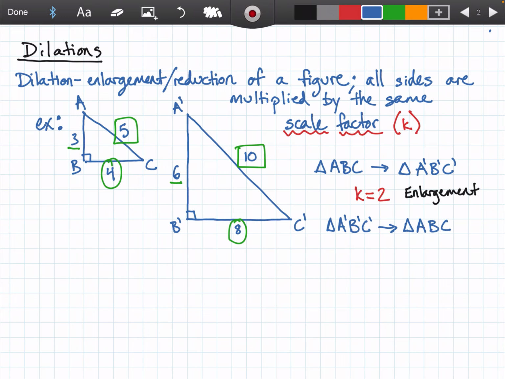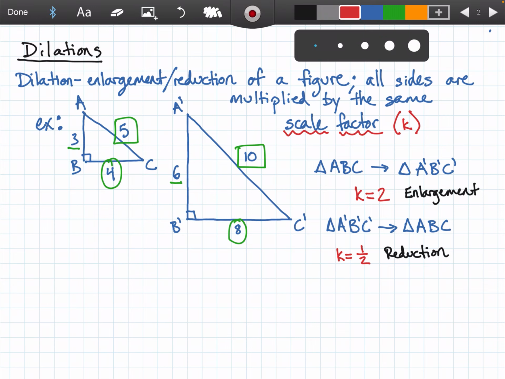What's my scale factor then? Well, what do I have to multiply 10 by to get to 5? To multiply it by half, and that's a reduction. And a way that we can think about this, maybe I didn't know that offhand. Well, we'll wait till we do another example.